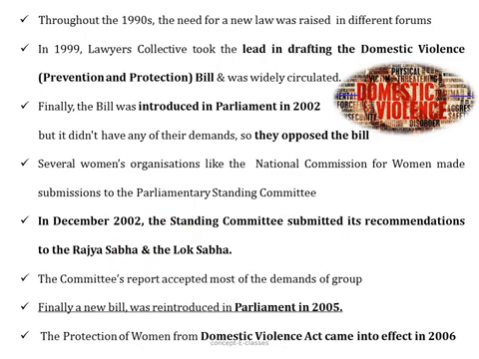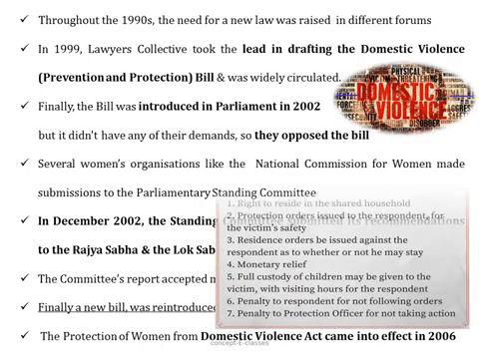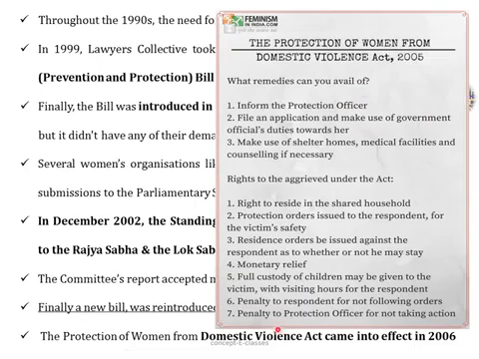Finally, that bill was passed to the president, and with his approval, a new bill was reintroduced in the parliament in 2005. And the Protection of Women from Domestic Violence Act came into effect in 2006.